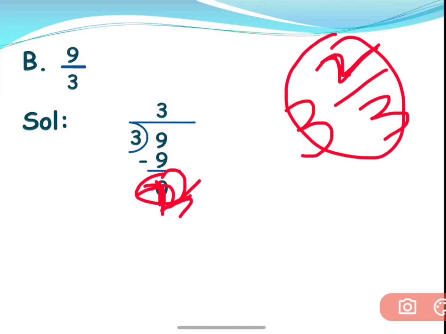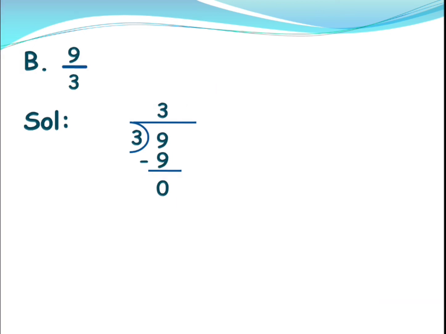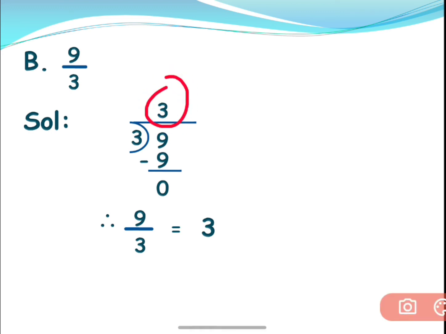You are getting 0, isn't it? So you will write only the quotient, which is 3. Therefore 9 by 3 is equal to 3. As the remainder is 0, we will write only the whole number. If the remainder has some value, then you will write the proper fraction also: the quotient becomes your whole number, the remainder becomes your numerator, and the divisor becomes your denominator. In that way you will write it down.